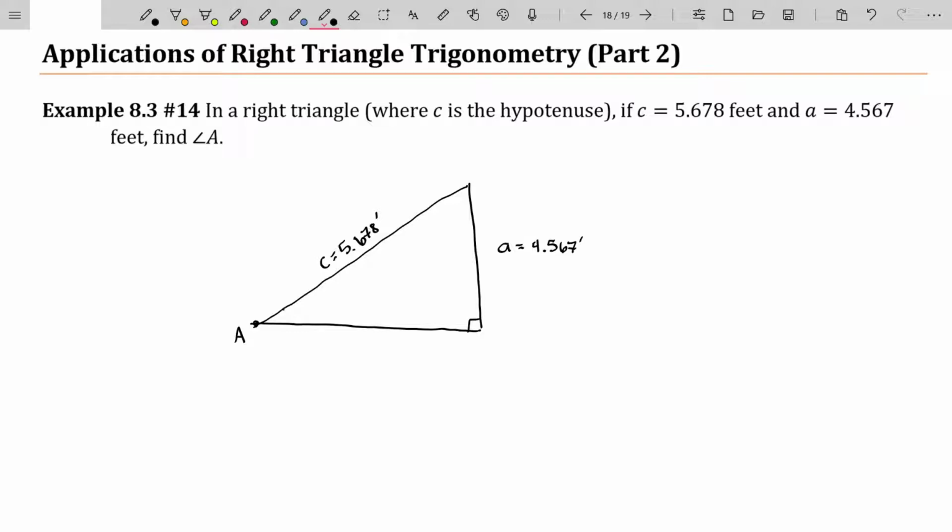Well, this angle right here, what trig function relates that angle to the two knowns? If you said sine, you would be absolutely correct. The sine of angle A, which I'll write this way, should equal opposite, 4.567, over hypotenuse, 5.678.